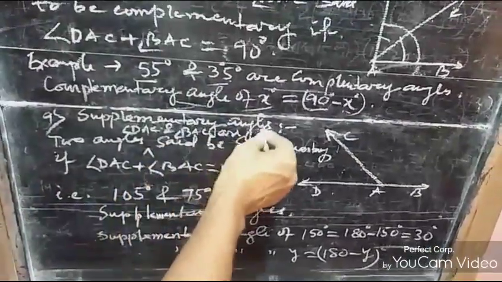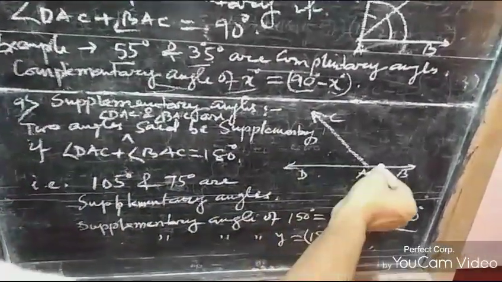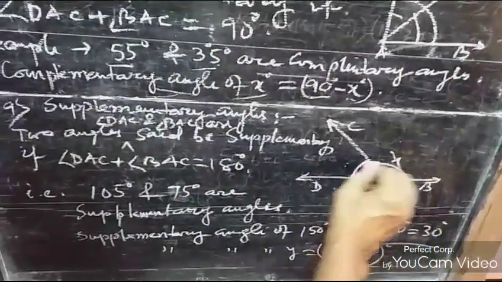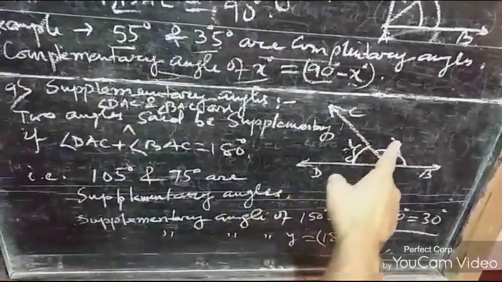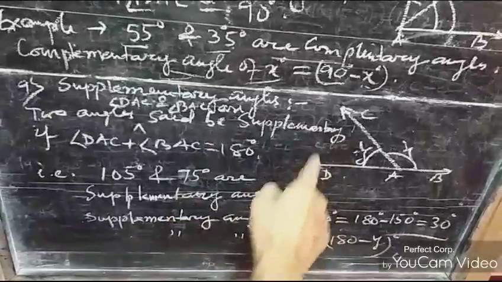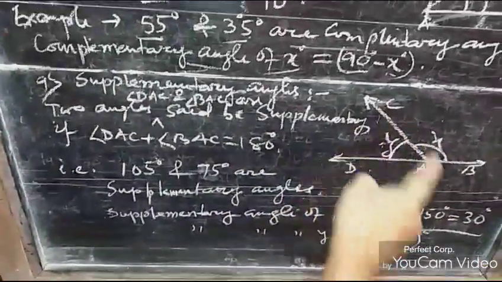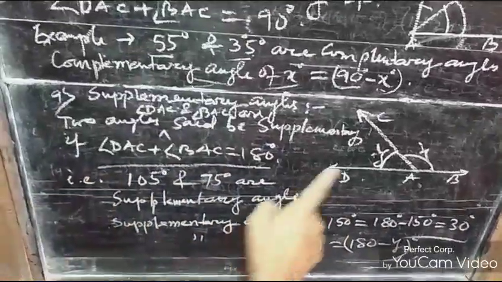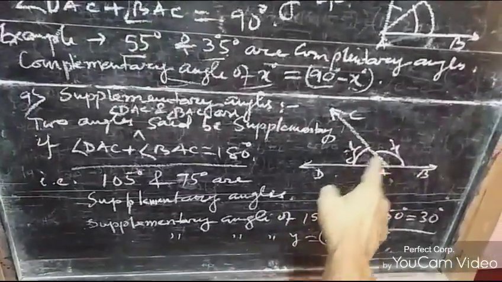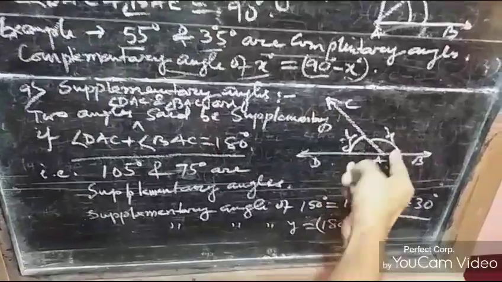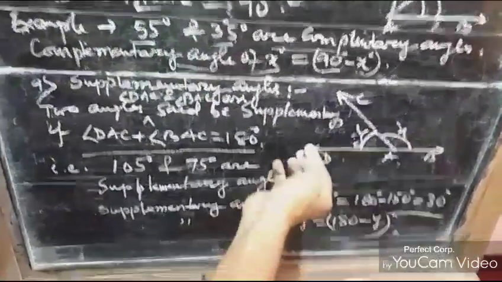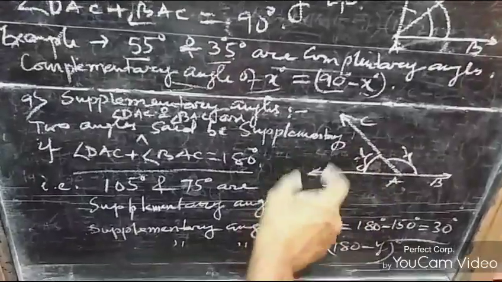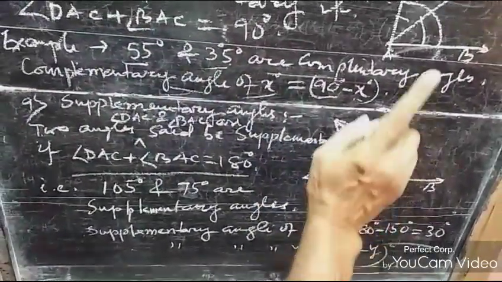Next, supplementary angles: if the sum of two angles, this x and this y, and if x plus y equals 180 degree, that is DAC plus BAC equals 180 degree, then one angle is called supplementary to the other. That is, two angles are said to be supplementary if the sum of these two angles equals 180 degree.